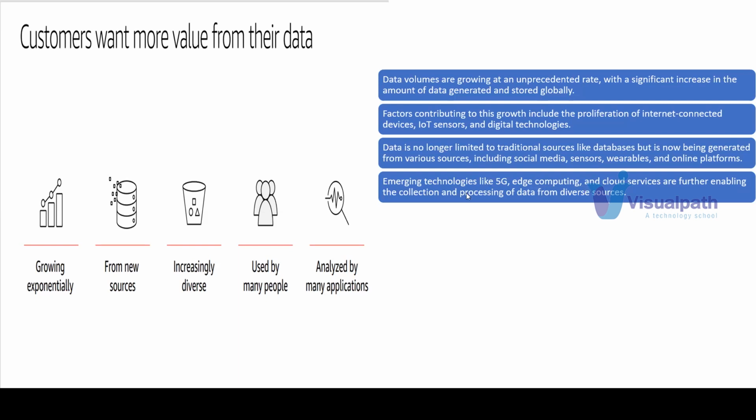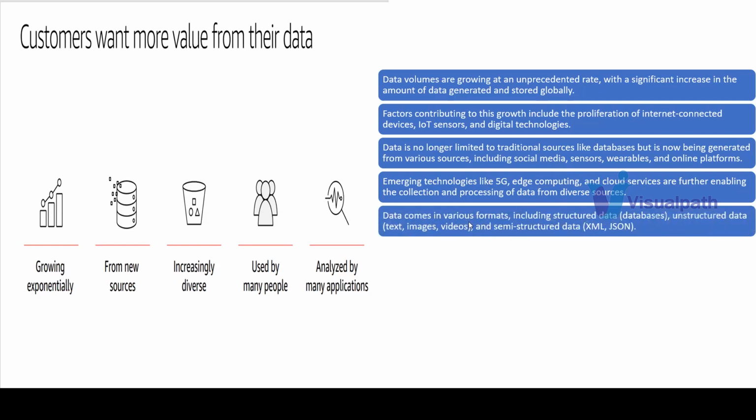Cloud services are further enabling the collecting and processing of your diverse data. Data comes in various formats, including structured, semi-structured, and unstructured data as well. That's the reason, when all this data is coming from these multiple platforms, customers want to see the real worth of the data.